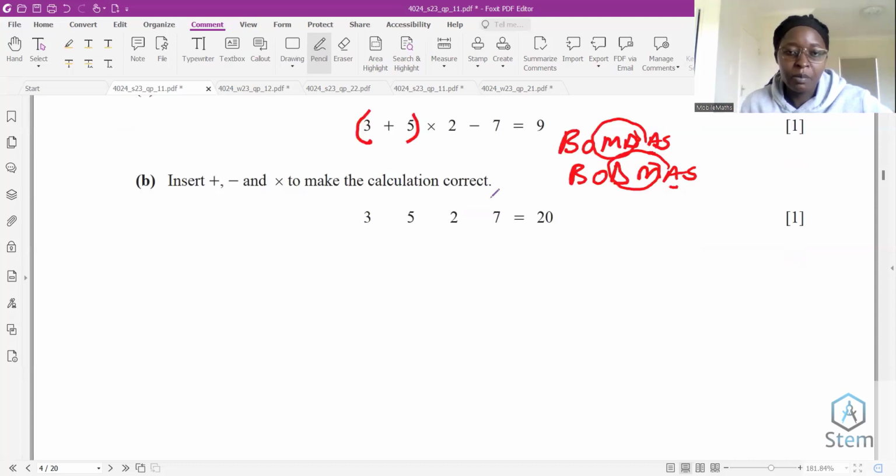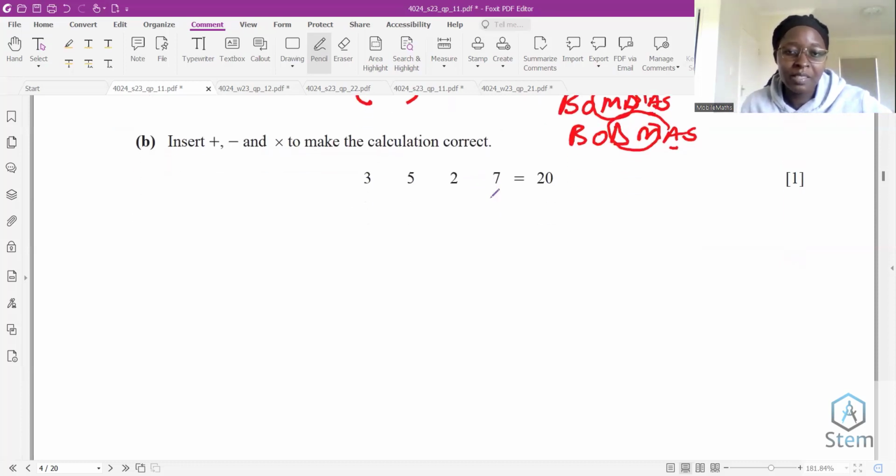Okay, fine. Let's move on to the next. Insert plus or minus. It's another one. So I can say 5 times 3, or 3 times 5. Then here I can say a minus, and let's say a plus here. So here I'm going to get 15 minus 2 plus 7. What does this give me?